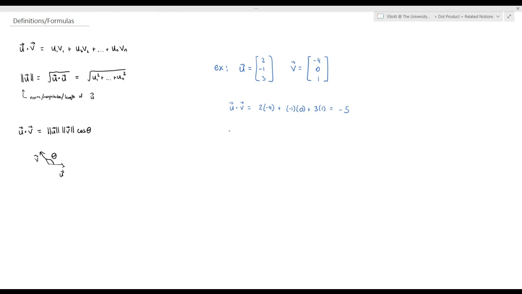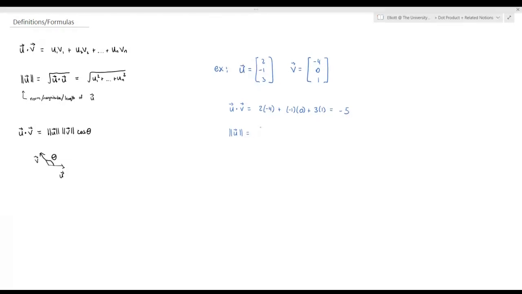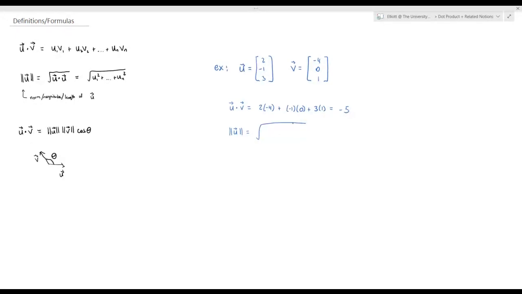If you wanted to calculate the norm of vector u, according to this formula that's going to be the square root of u1 squared plus u2, so -1 squared, plus 3 squared. So you would get 4 plus 1 plus 9, which is 14.